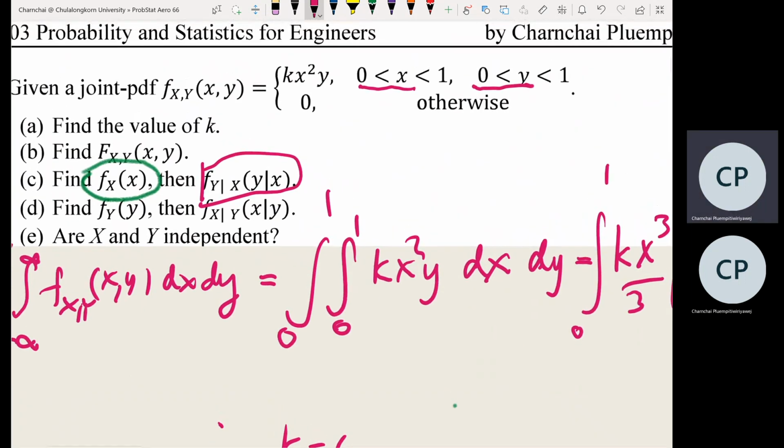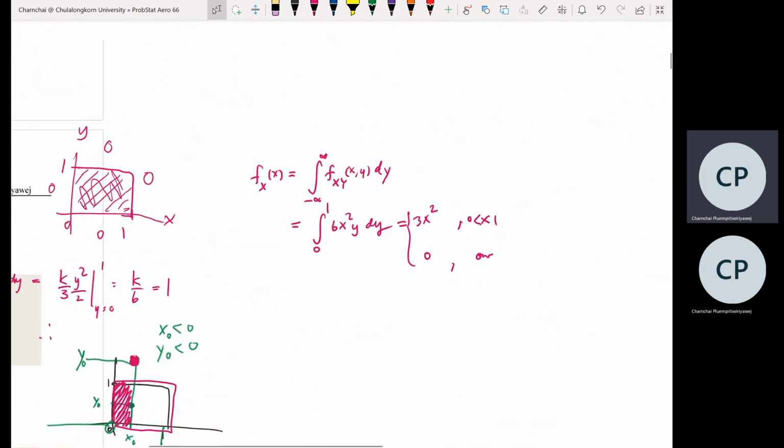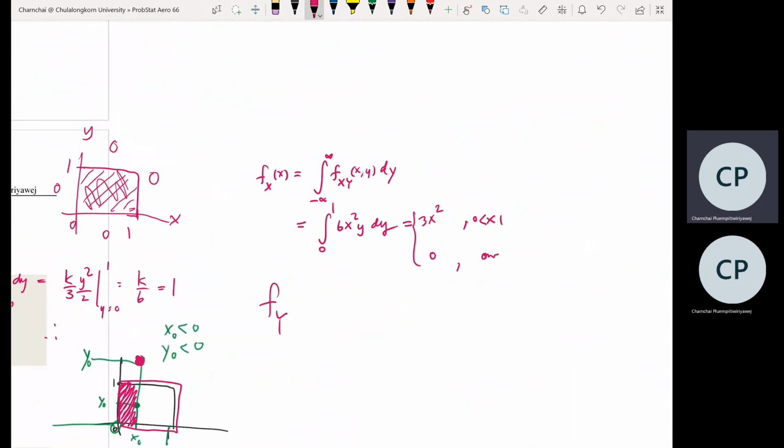What is this called? Conditional probability of y given x. F of y given x is called the conditional probability.